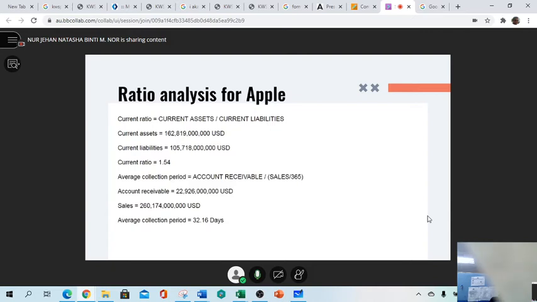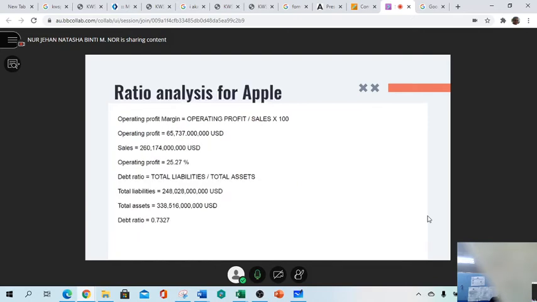The accounts receivable is 22,936 million USD. The sales is 260,174 million USD. So the average collection period is 32.16 days. Next slide, please.